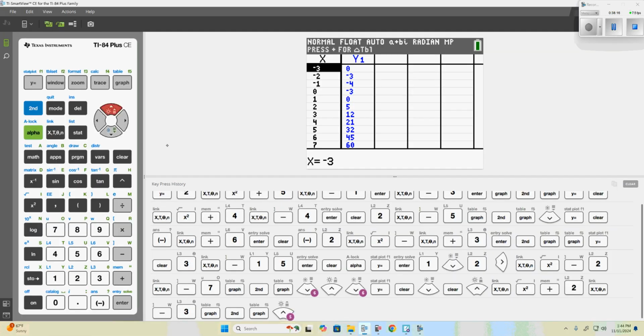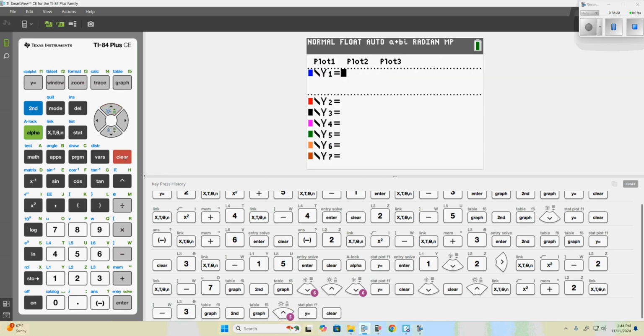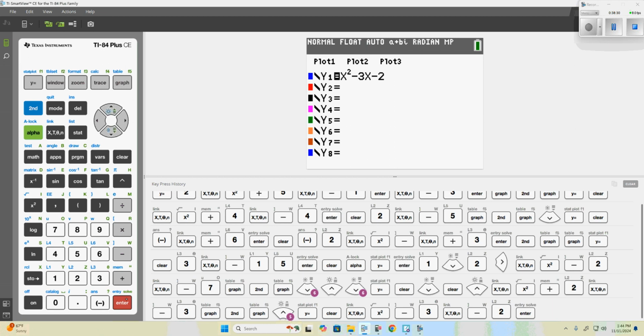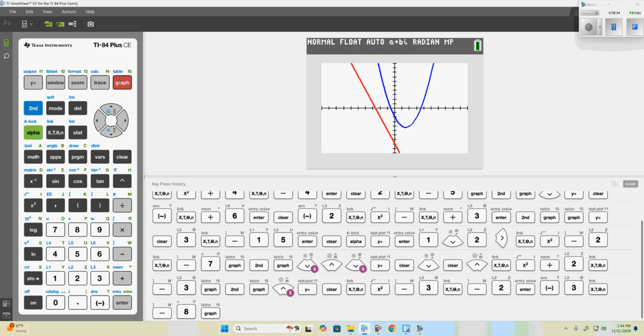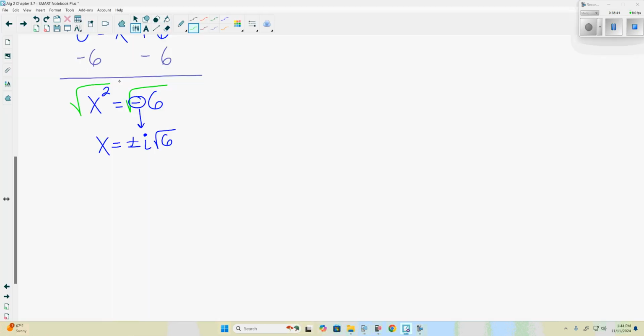All we can do is, I'm going to pull the graphing calculator back up. I'm going to graph this. X squared minus 3x minus 2. Negative 3x minus 8 is, do they intersect? No. So this here is indeed no solution.